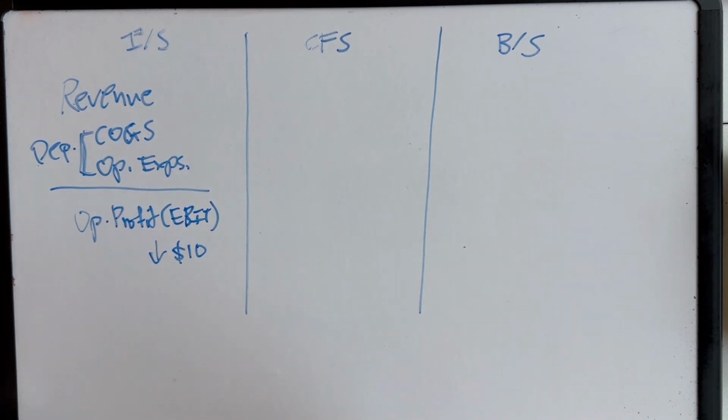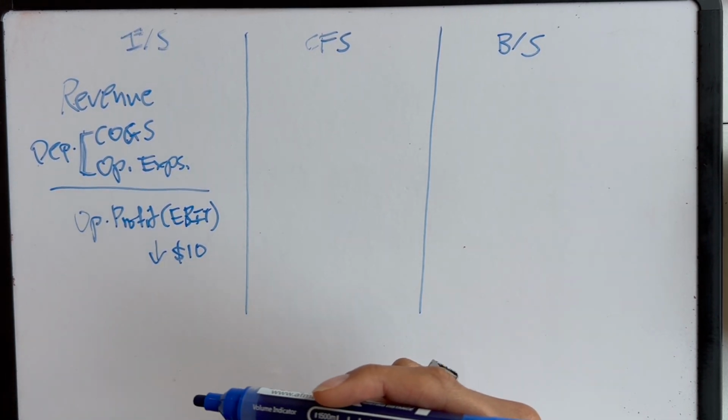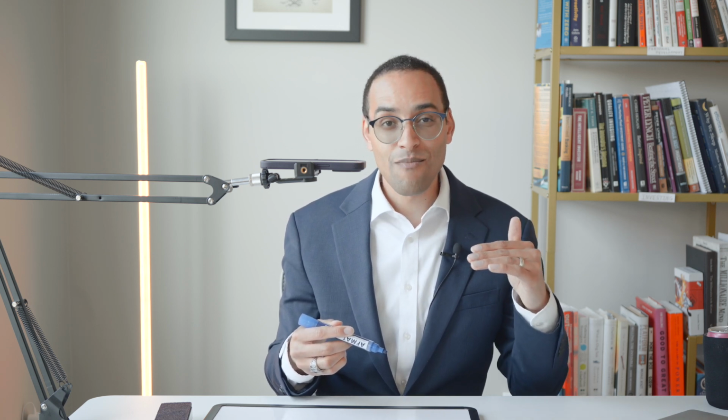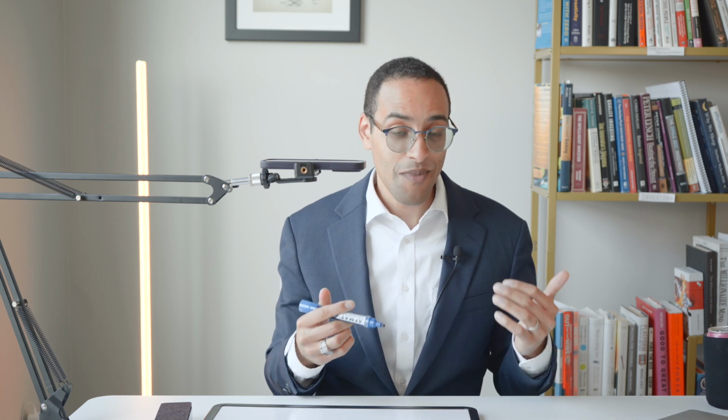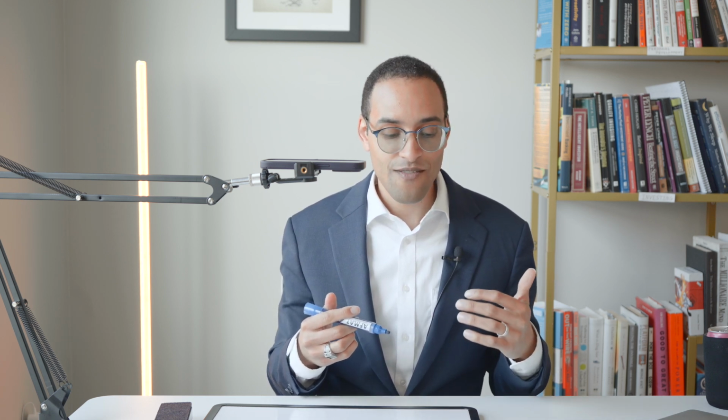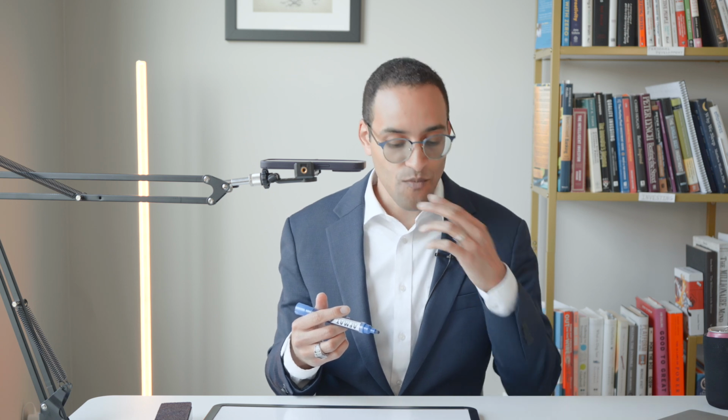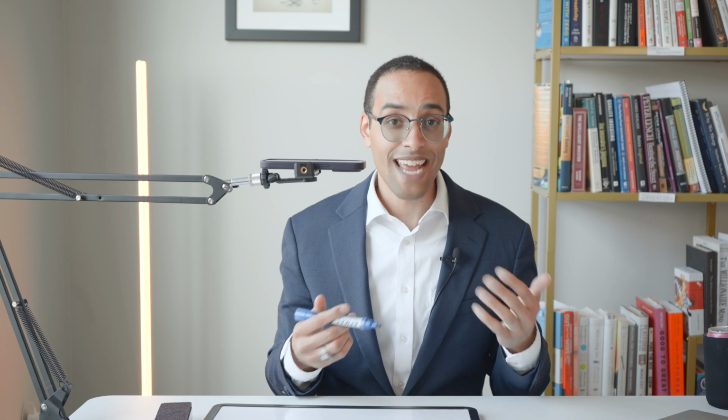So let's continue walking through the income statement to see what happens next. If our operating profit is down, remember on the income statement, once you get to operating profit, you have to continue to work your way down through other types of expenses before you get to net income or your final profit number. So what are those other expenses? Well, for the sake of this example, we're going to assume there's no interest expense, but we are going to assume that there are taxes.